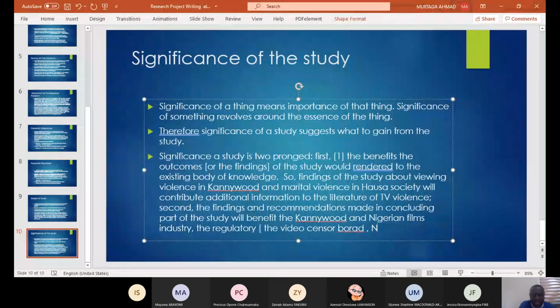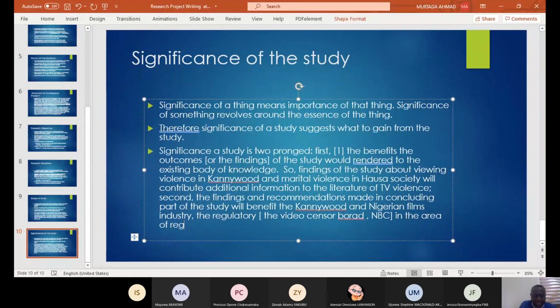NBC, Nigeria Broadcasting Commission. So, in the area of regulation, in the area of regulating film production in Nigeria, film production in Nigeria.